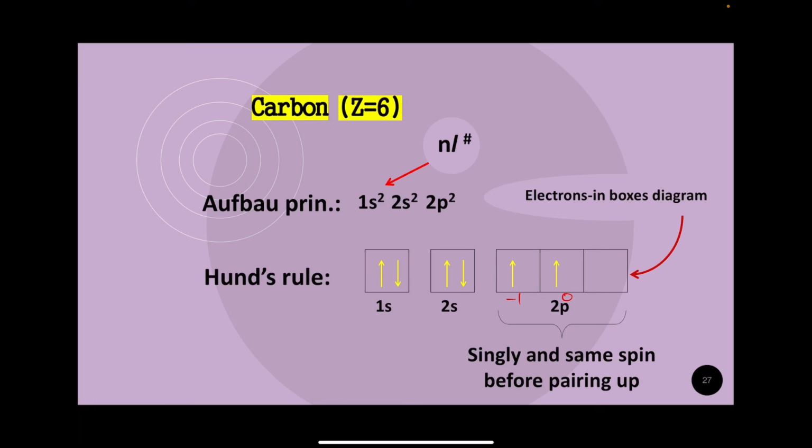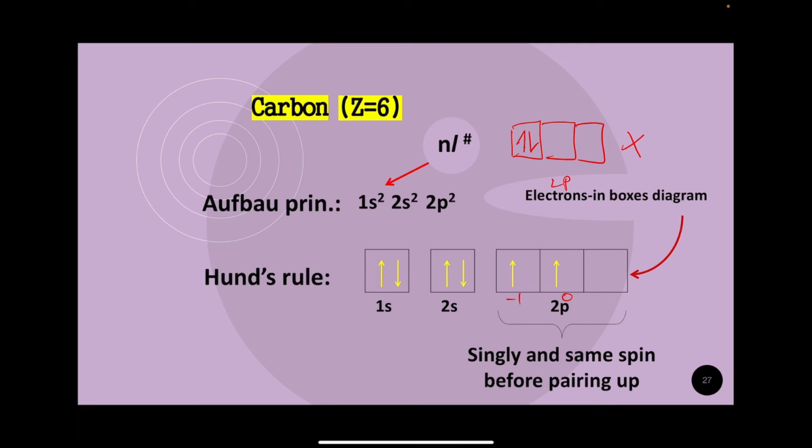If you fill up the orbital like this, in the same 2p orbital and then next here, then you are wrong. Based on Hund's rule, you need to fill up singly first, half positive for each orbital, and then you fill up the negative half.